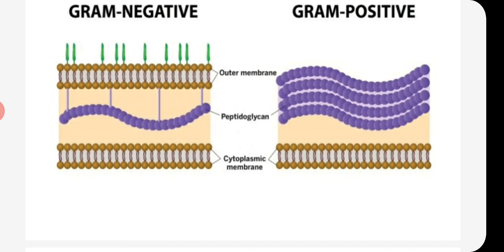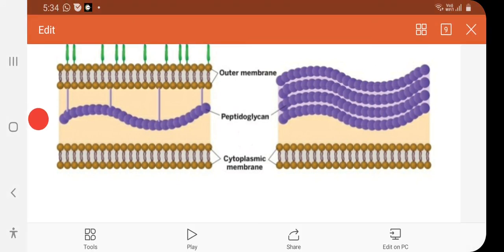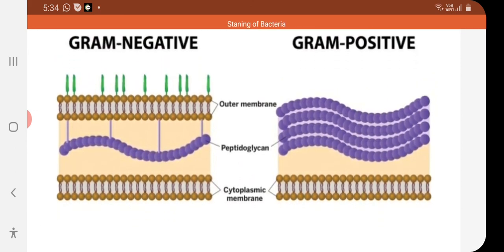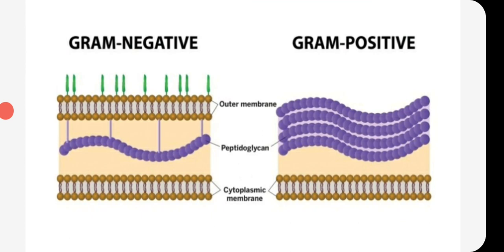Moreover, in gram negative bacteria a large amount of lipid is there. That is why it loses its purple color, because lipids dissolve in alcohol or acetone, whereas gram positive bacteria contain a little amount of lipid. That's why they cannot lose the purple color, and retain it till the end of the staining process.